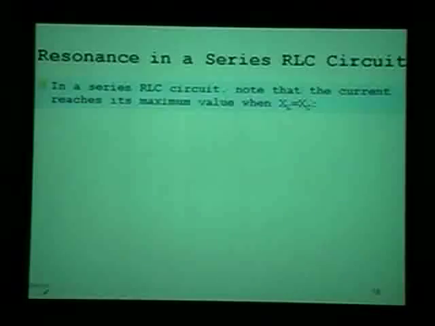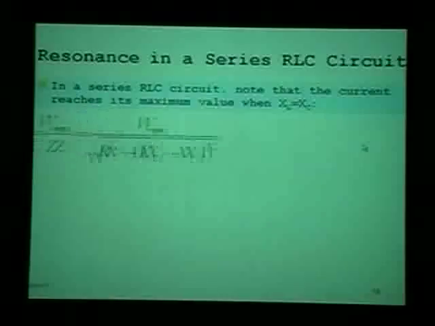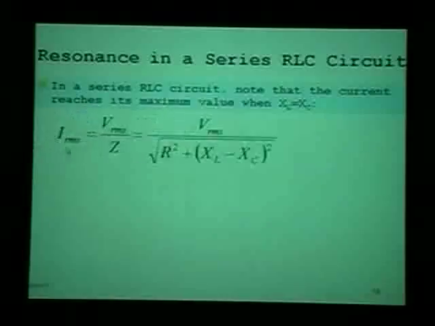That resonant frequency would correspond to when the inductive reactance is equal to the capacitive reactance. Another way to look at it is this. Your root mean squared current is equal to your root mean squared voltage divided by your impedance. But your impedance is going to be the square root of R squared plus your net reactance squared, which is the inductive reactance minus the capacitive reactance. And we'll see that your current will be maximum when the inductive reactance equals the capacitive reactance.